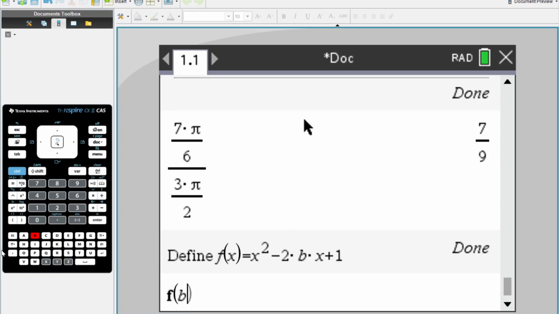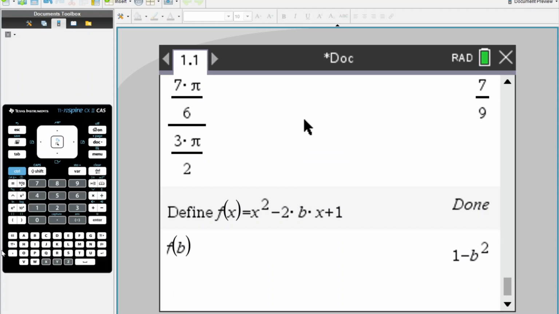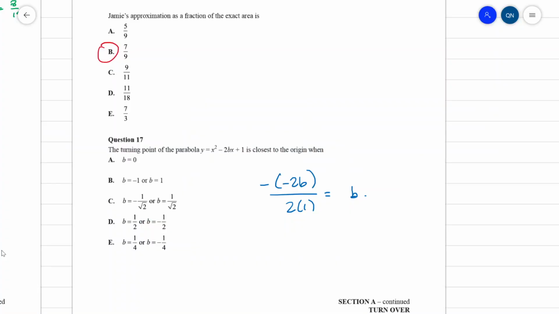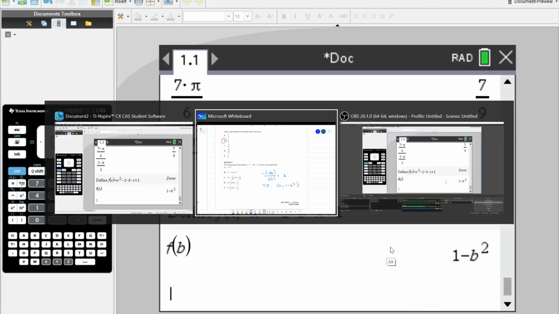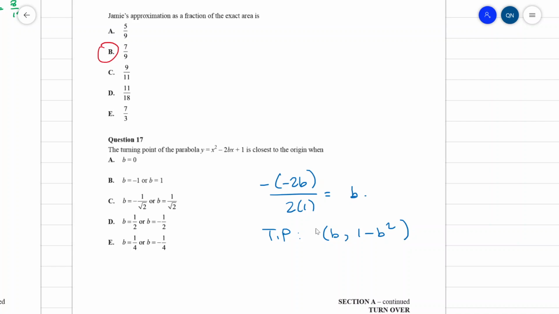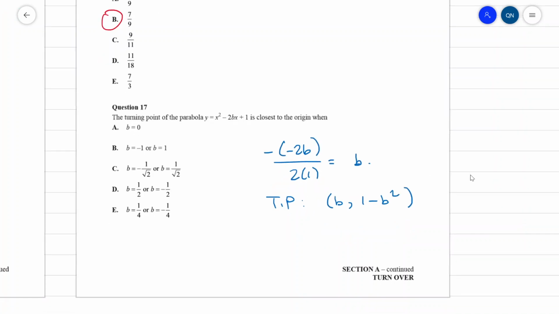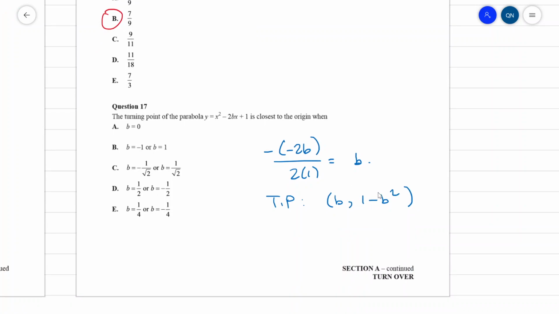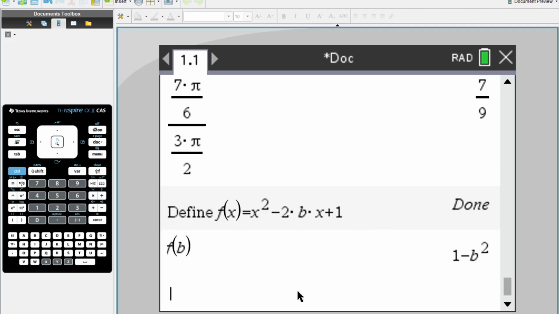So what's f of b first of all? It's that guy. And so what do we know so far? The turning point is precisely b comma 1 minus b squared. Okay, and we want to find when this point is closest to the origin. To do that, let's just find the distance of this guy to the origin.